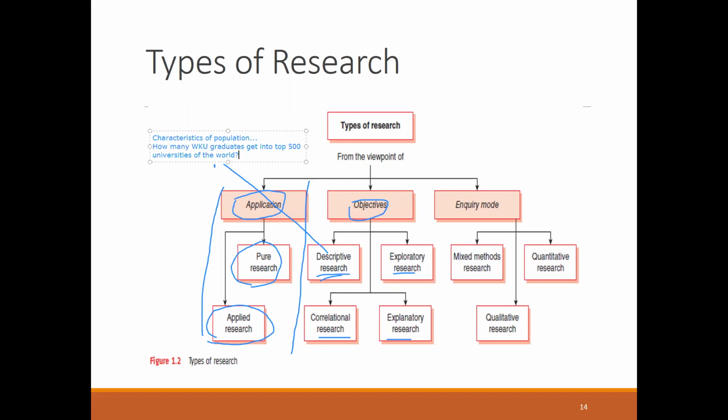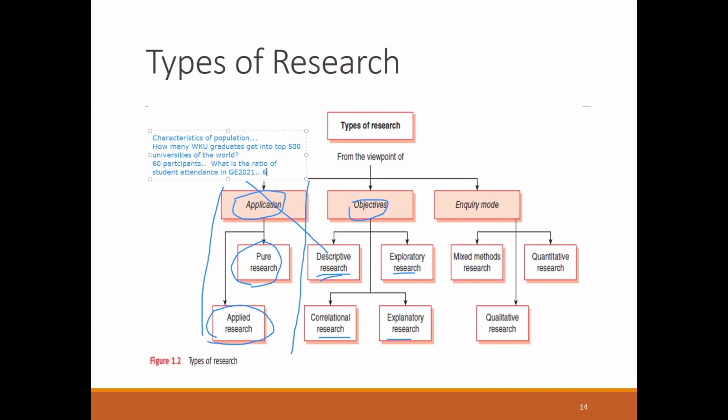Now, one more example of descriptive research. At the moment, we have 60 participants in the class. A very simple descriptive research would be: what is the ratio of student attendance in the GE class, GE2021?